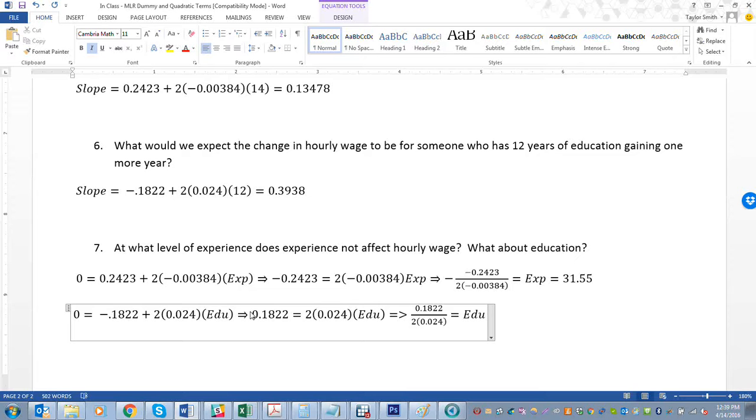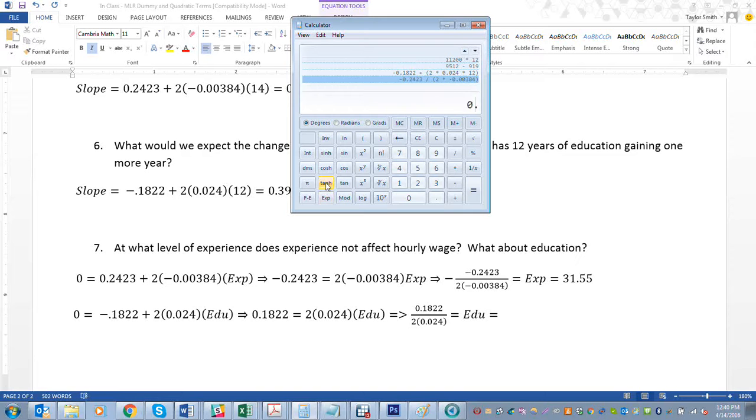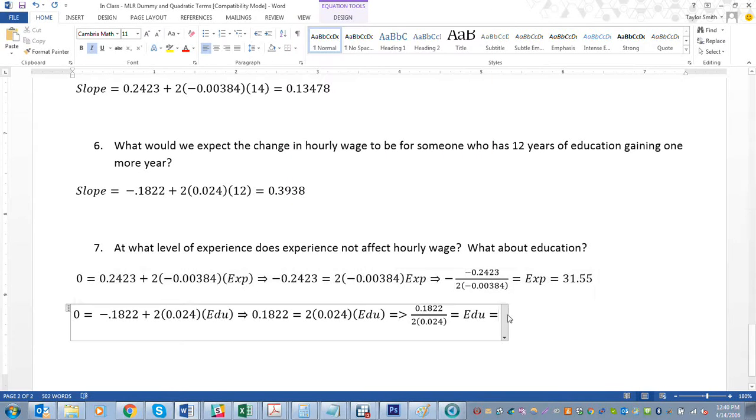So we literally just plug that into our calculator. And we get 3.795. So we'll say 3.8.